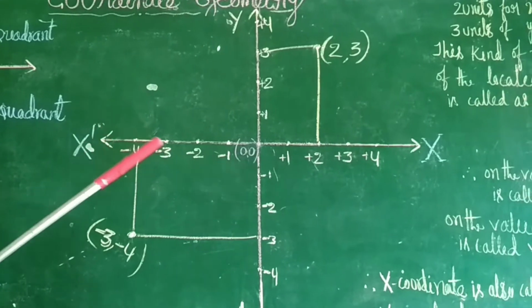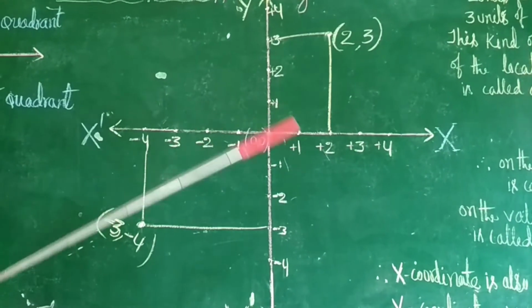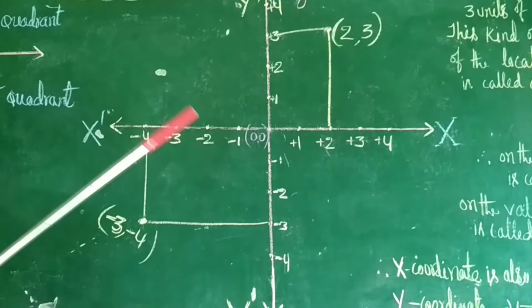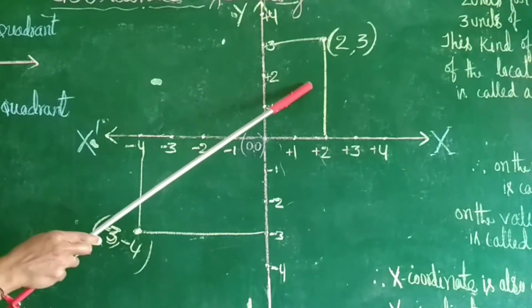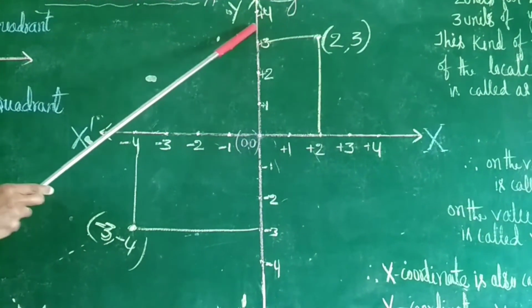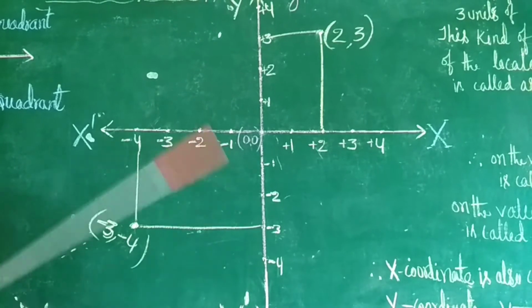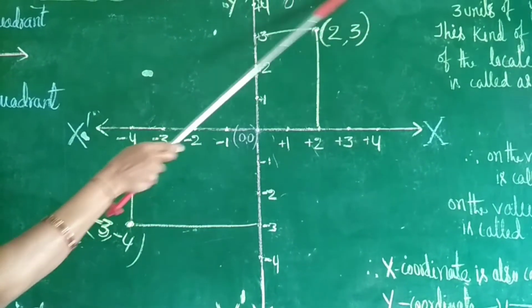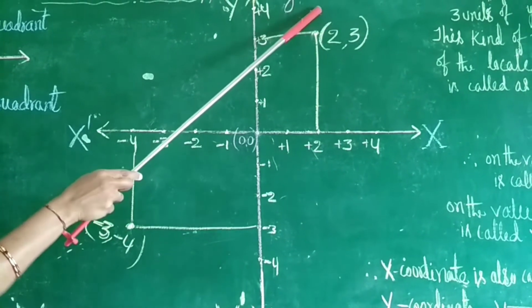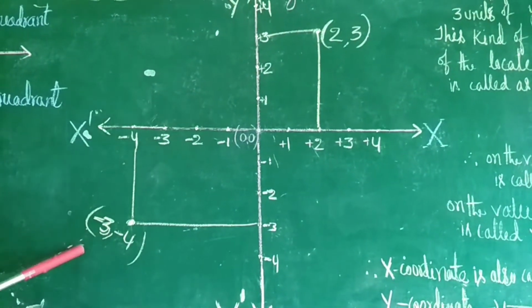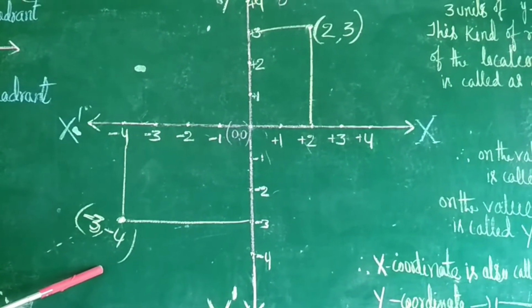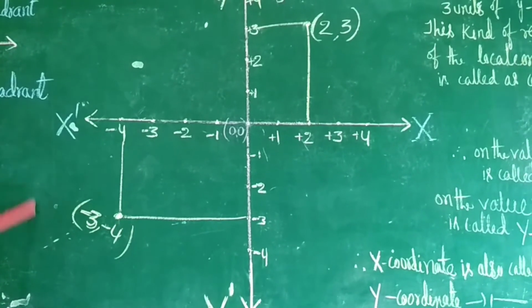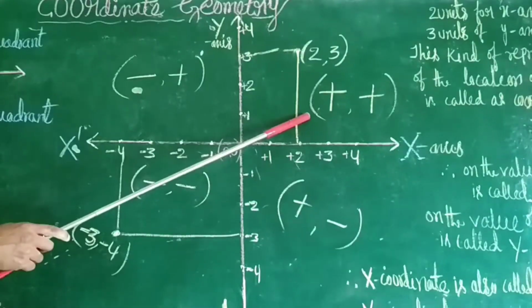Now let's talk about the sign of the coordinates. It depends on the quadrants in which they exist. (2, 3) has positive values, and (-3, -4) has negative values.